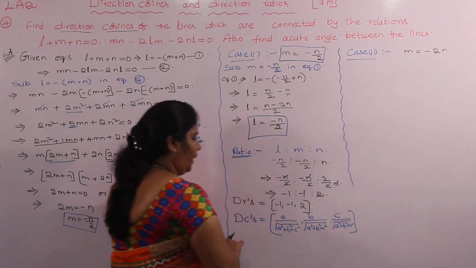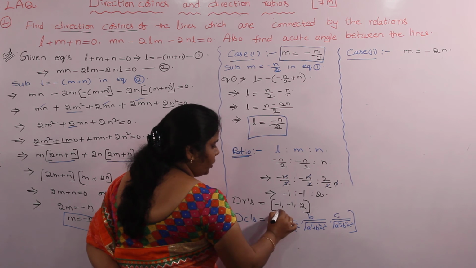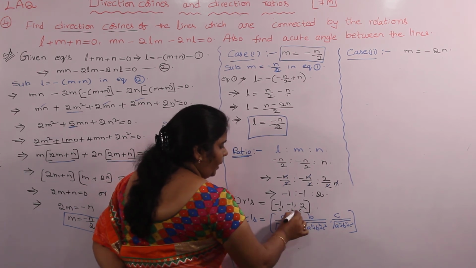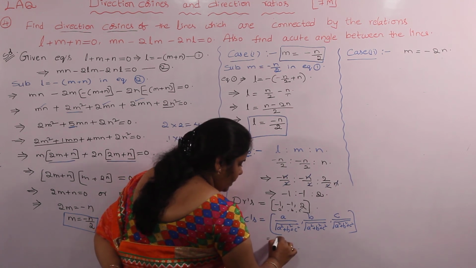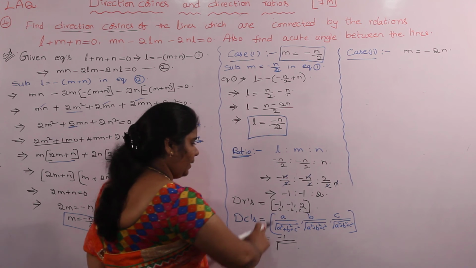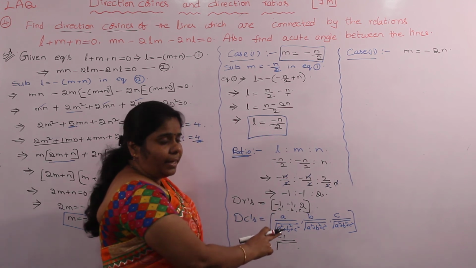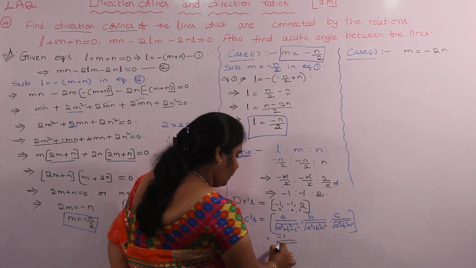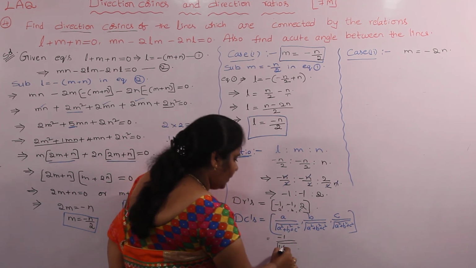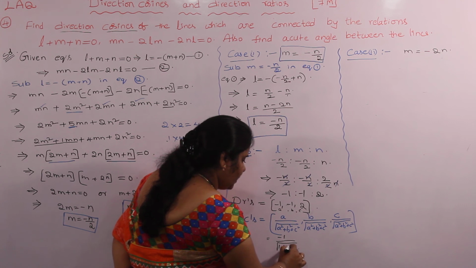Direction ratios are generally denoted by a comma b comma c. a is equal to minus 1, that is minus 1 by root over a square plus b square plus c square. a square is minus 1 whole square, which is 1 only. 1 plus minus 1 whole square, b square is also minus 1 whole square, then 1 plus 2 square is 4.